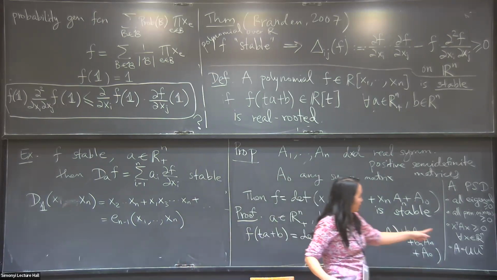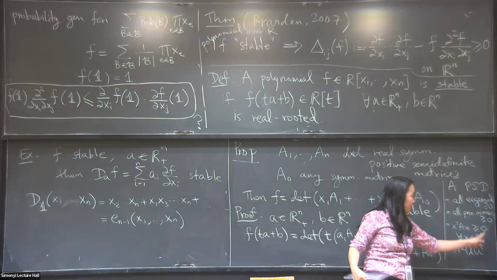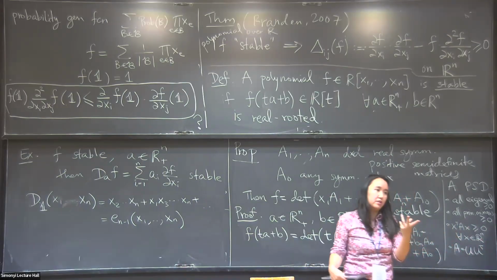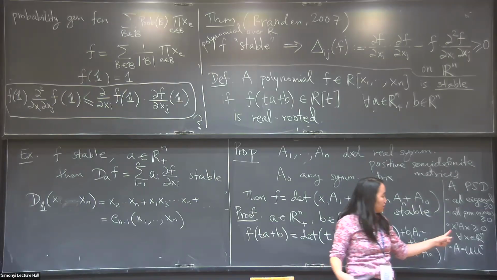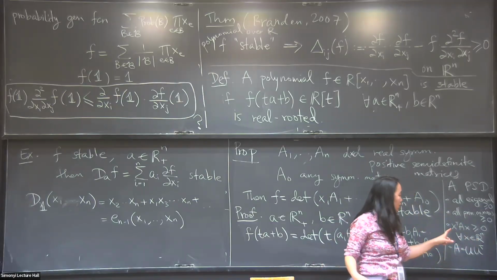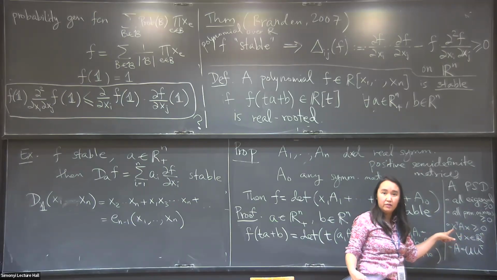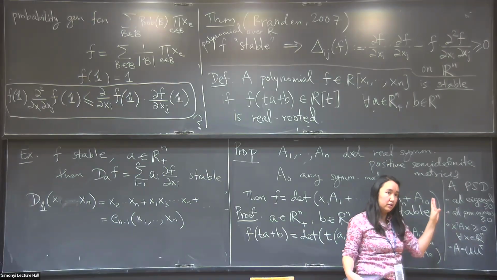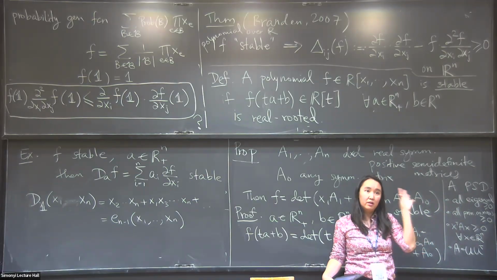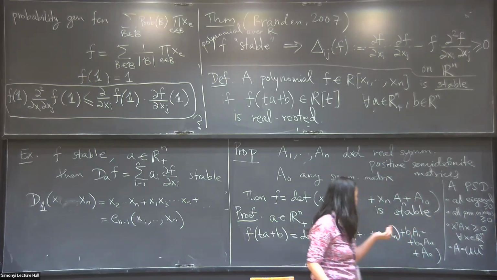From the third definition of positive semi-definite matrices, you can see that the set of all PSD matrices forms a convex cone, because each of these inequalities gives a linear condition on the entries of A. The set of all PSD matrices is given by infinitely many linear inequalities, so it's a convex cone.